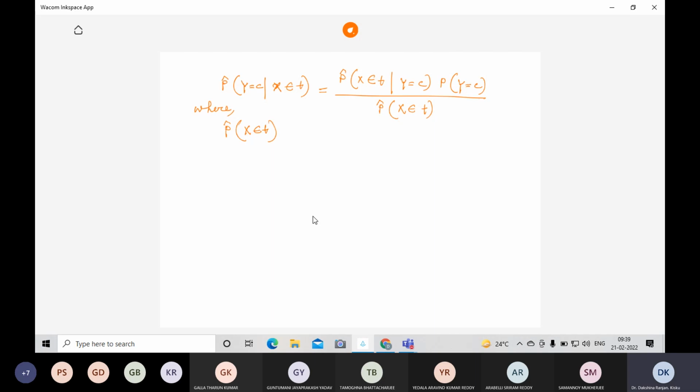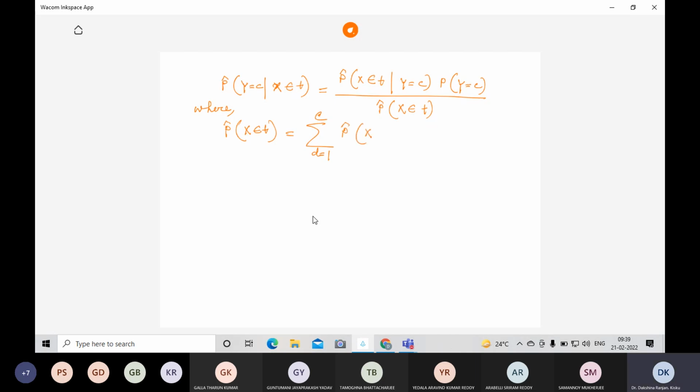So we can write the probability of X belongs to T, or evidence, equals the summation over D equals 1 to capital C. Here D is the index which is used to denote a particular class.